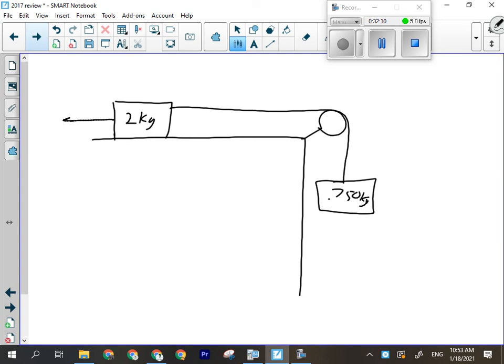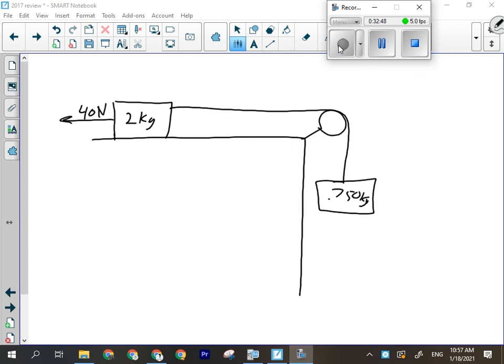And let's say there's a force of friction acting here of 40 newtons. What is the acceleration of the cart? I want you to calculate the acceleration of the cart given that information. I'll give you a few minutes on that.